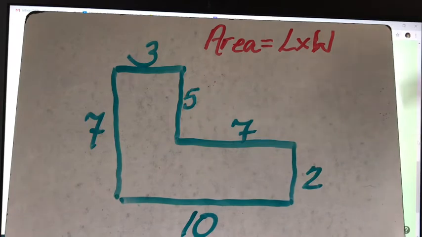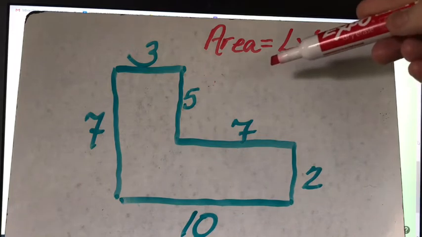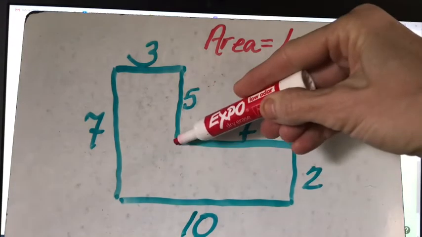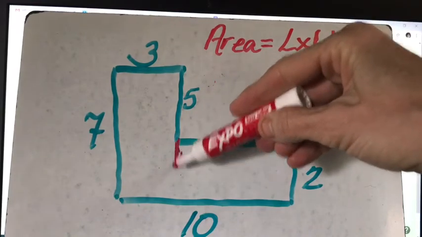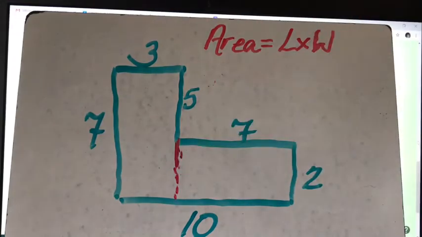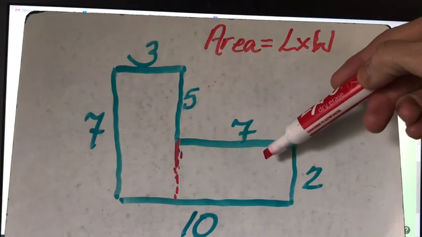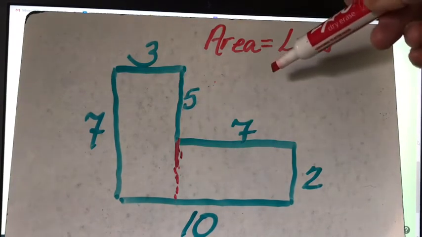Remember last week they had that dotted line for us to divide it into two different rectangles. So that's what I'm going to do here. I'll put my dotted line in right here. Now I have two different rectangles that I need to solve the area for.